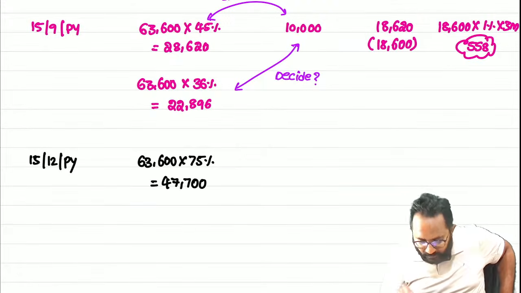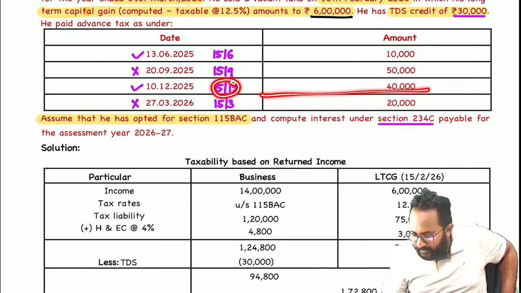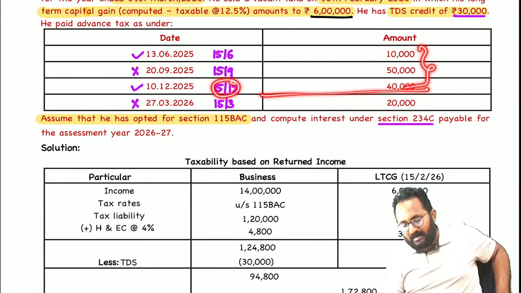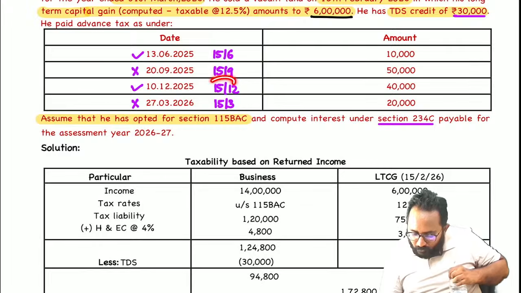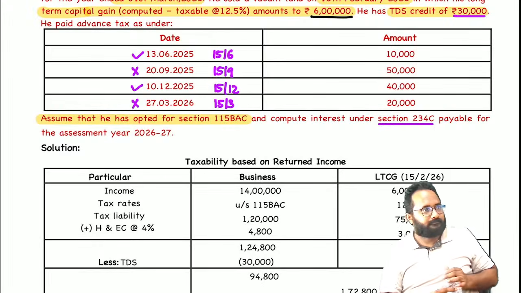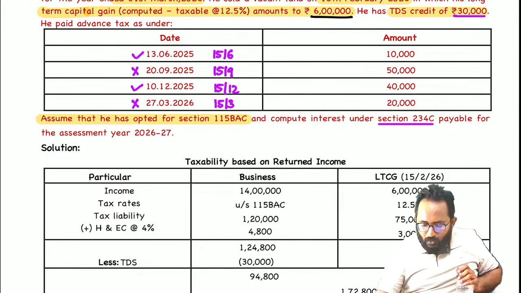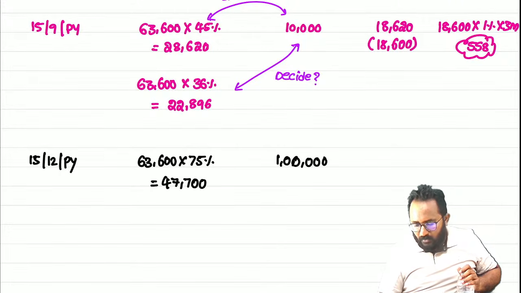Relaxation is not there, but before 15th December, how much did we pay? Nearly 1 lakh we paid. So now how much is actually paid? 1 lakh. Tell me, is short payment there or not? No. Interest? No.